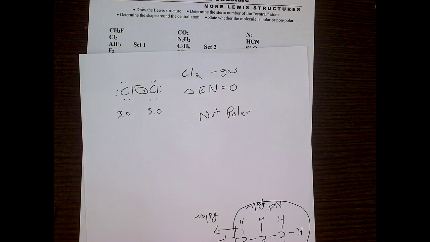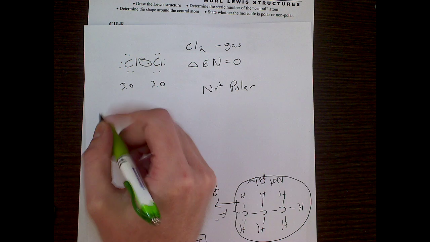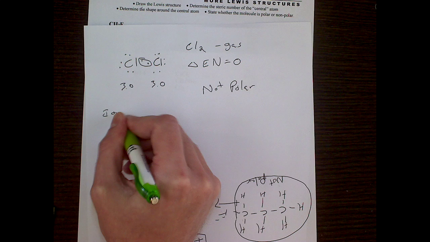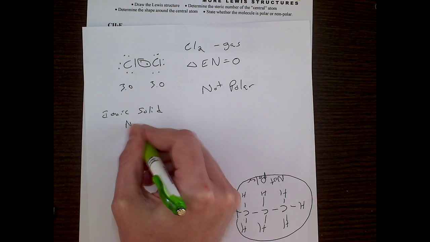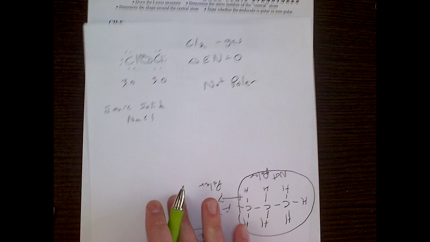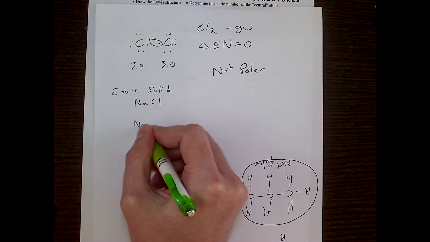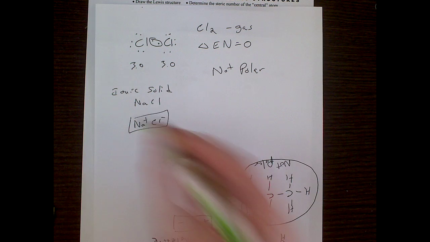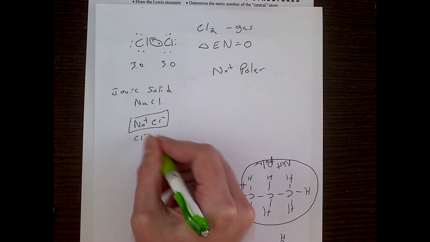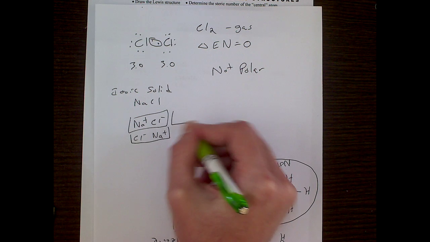Now, this is a little bit of information about solids that are ionic. Something like an ionic solid of NaCl. Why is that always going to be a solid? Why are ionics always solid? Well, it's because Na is positive and chlorine is negative. These end up sticking to each other because they are very positive and very negative.